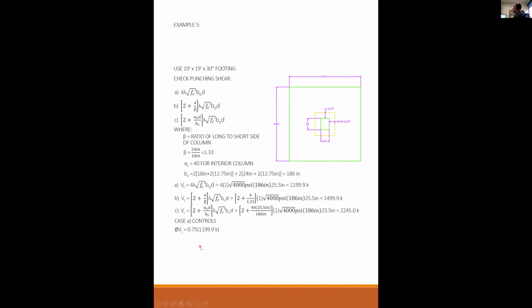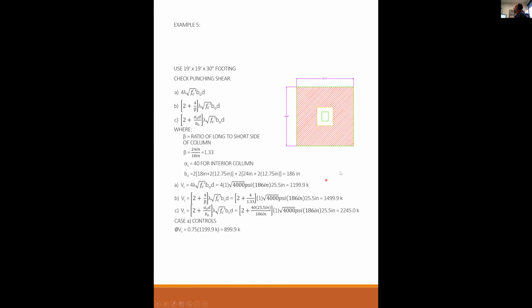So phi Vc is 0.75 times 1199.9, gives us a capacity of 899.9 kips. What's the demand? The demand is the factored soil pressure times everything that is hatched. The easiest way to do that is here's my soil pressure, 3.884, times the whole footing, 19 times 19, minus the length of this side times the length of that side.